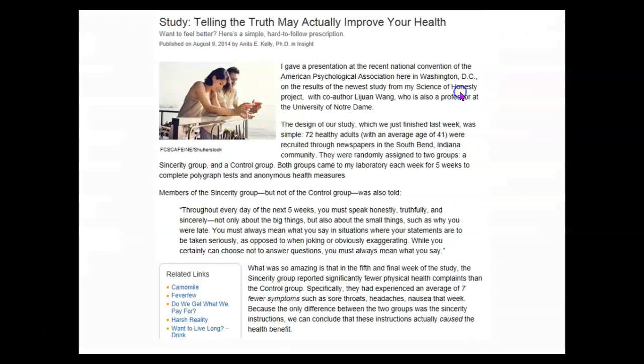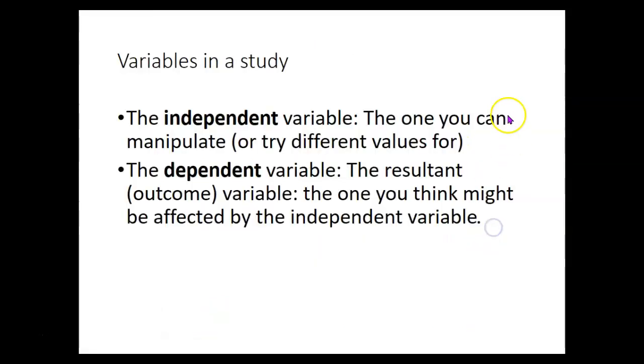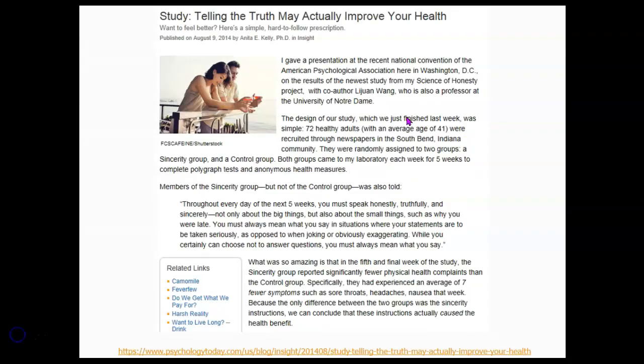So here's one example of an experimental study that I read about a few years ago in one of the online blogs at the Psychology Today website. And this was about a study someone did about the relationship between truth-telling and physical health.